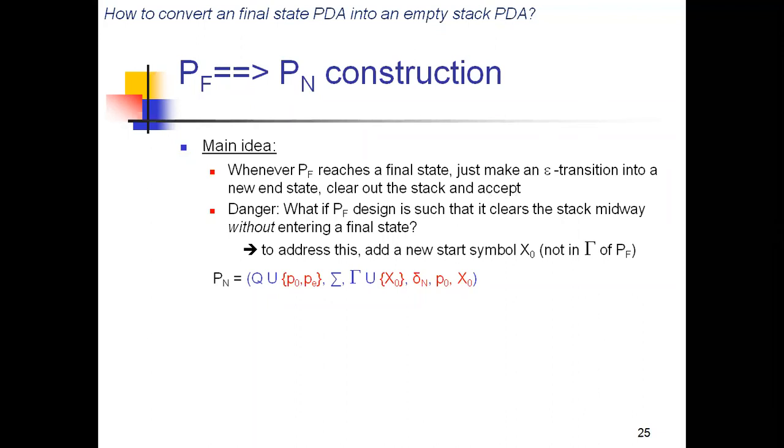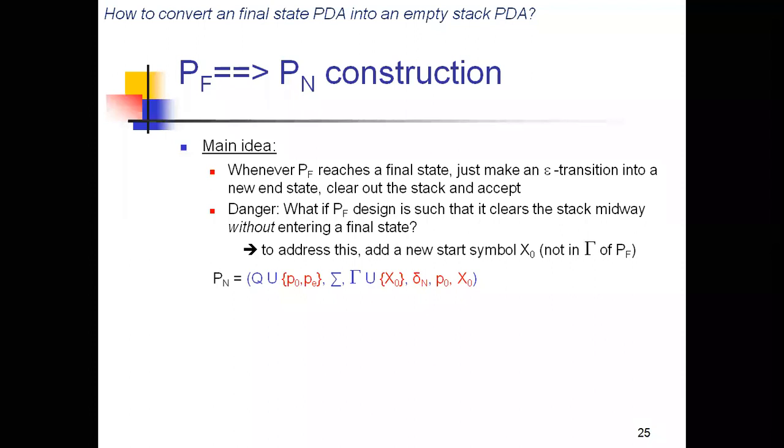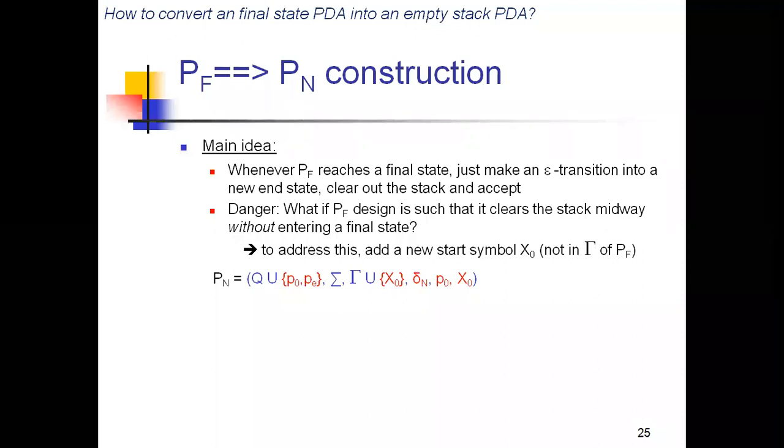What is that danger? The final state PDA design may be such that it clears the stack midway without entering a final state, right? To address this, we add a new start symbol, X naught, here also. And that X naught is not in the tau of the final state PDA.